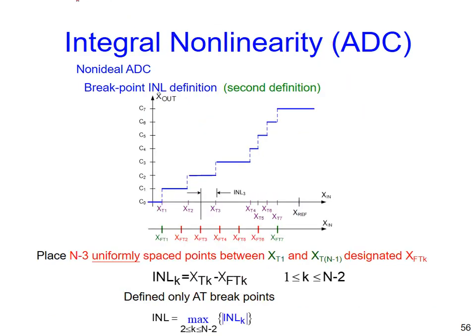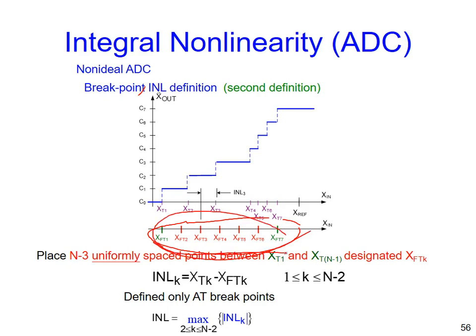All right, so what other definition can help us get rid of this difficulty, that even though it is ideal, it still has some error? So this is another definition. We focus on breakpoints. You can see, for example, this is the ideal one. If your result is ideal, then the breakpoints will be uniformly distributed.